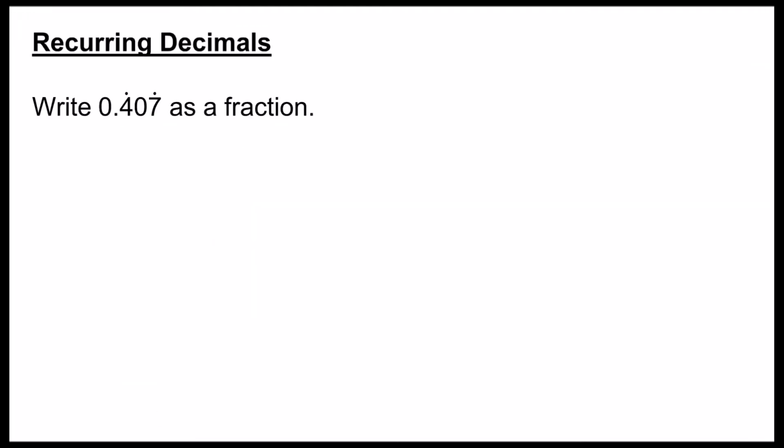Let's have a look at a slightly harder example. This time we're asked to write 0.407 recurring as a fraction. As before, I can start off by writing out exactly what this means. So I'm going to say that x is equal to 0.407407 and so on.